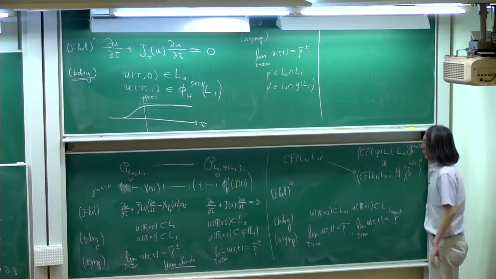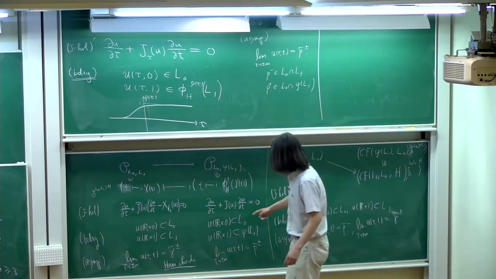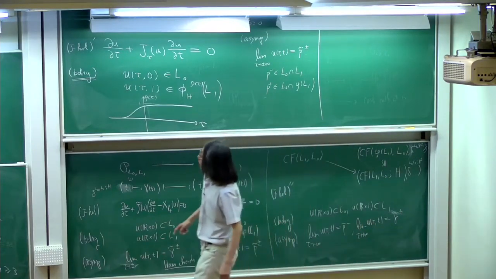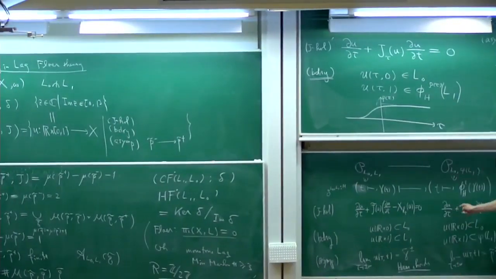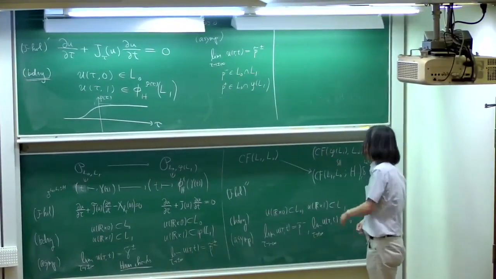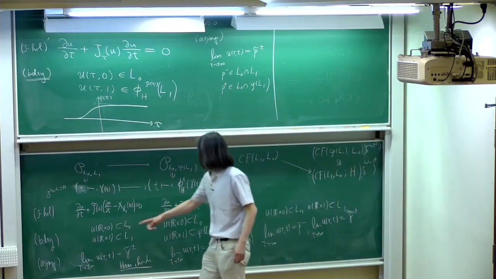is also different, because one equation is just du/d tau plus J du/dt equals 0, and the other one is this.